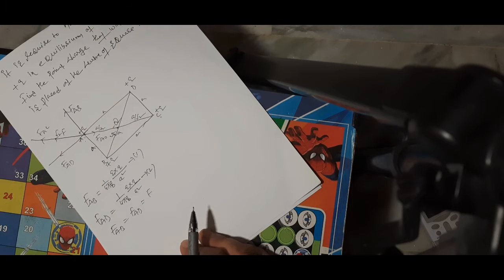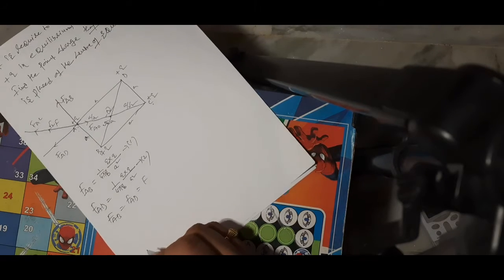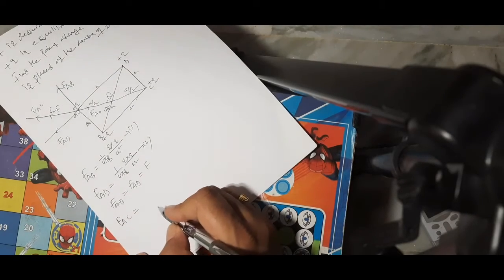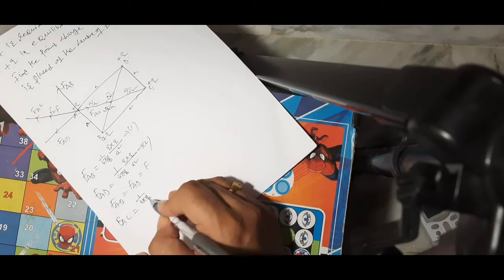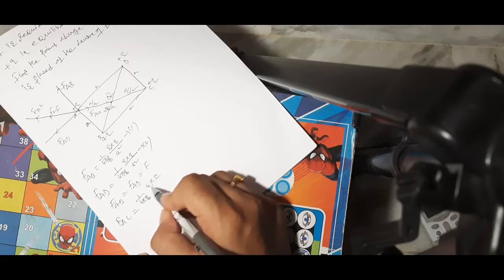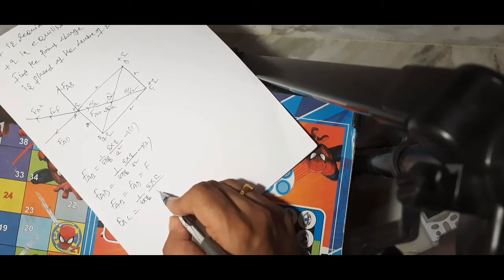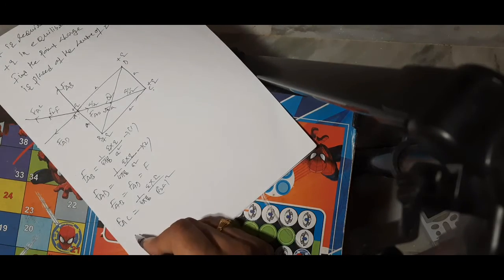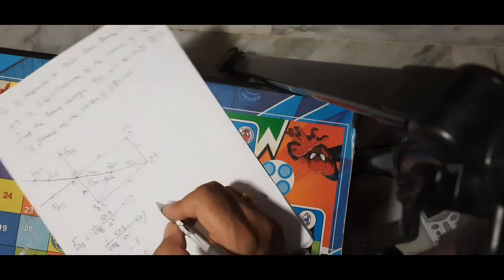That is the condition. So what is FAC here? FAC is equal to 1 by 4 pi epsilon naught Q into Q divided by, this is root 2a, whole square. For equilibrium of A, what is the condition?